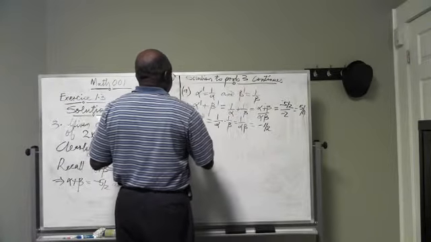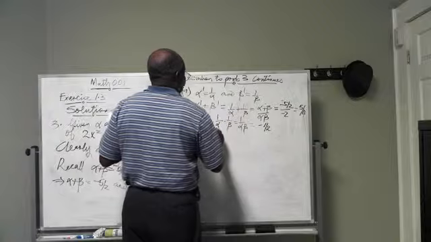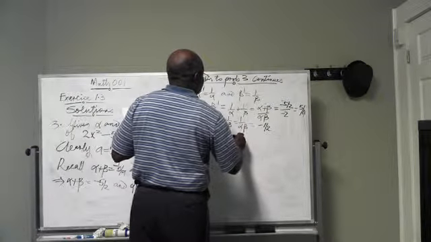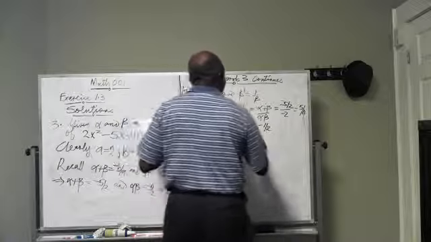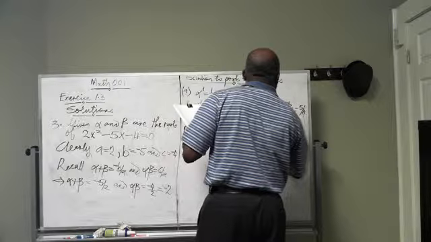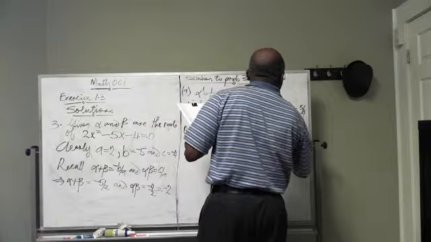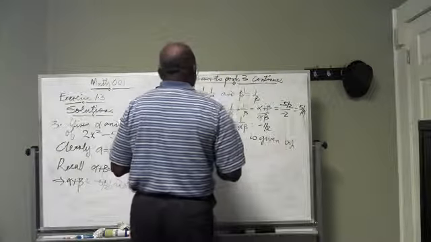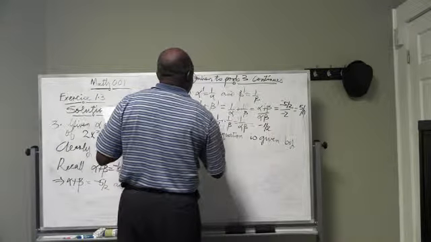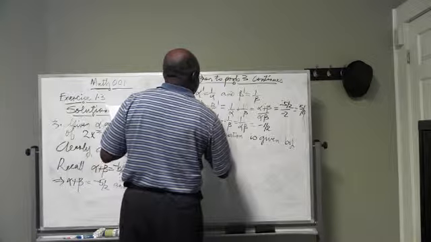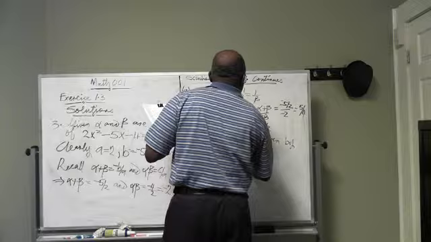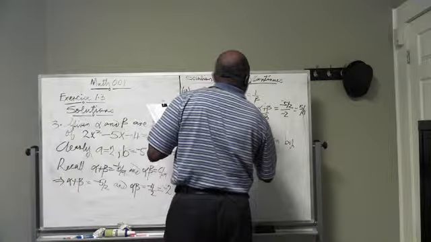Our new equation is given by x squared minus alpha prime plus beta prime times x plus alpha prime beta prime equals 0.